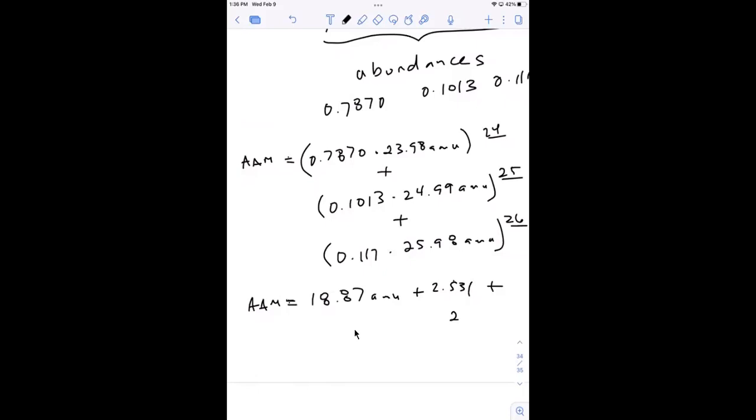So 5% of that would be 2.5, so it's got to be a little bit more than 2.5. So it's 2.902 for 25.98 times 0.1117. All right, 117, sorry about that. Appreciate it.